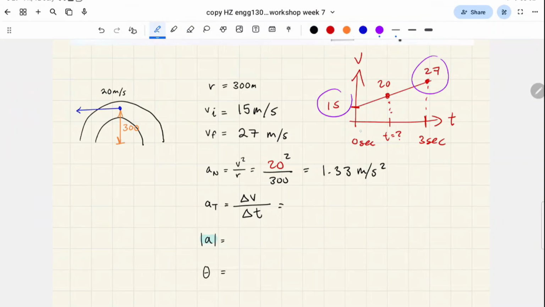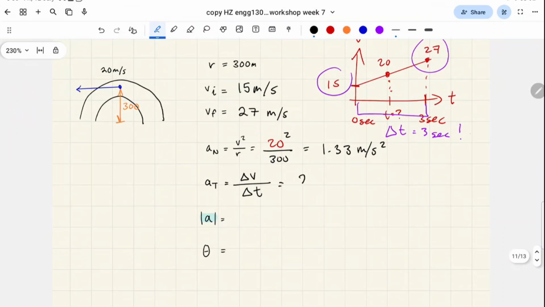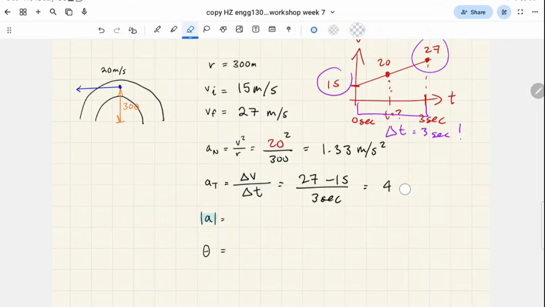But we do know that delta t here is 3 seconds. So we're going to take those two values, because that will give us the correct slope, right? So it's going to be 27 minus 15 over 3 seconds, right? Tangential acceleration.